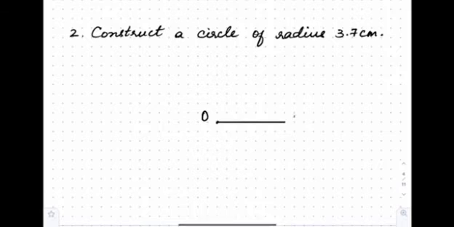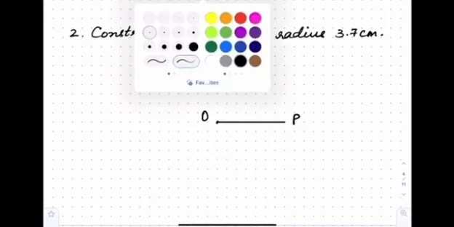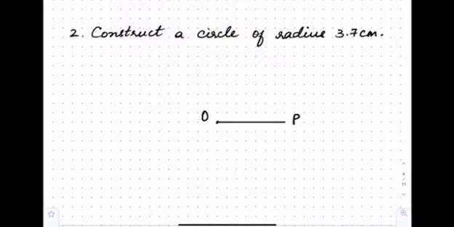Then we will name it as P. You can name any other letter also, children, but we are naming it as P. If you want, you can name it as maybe Q, A, anything of that sort.